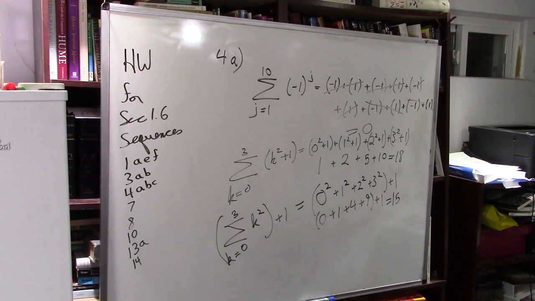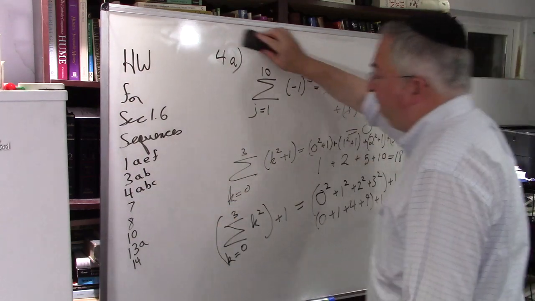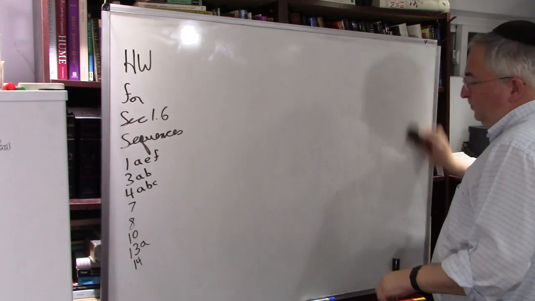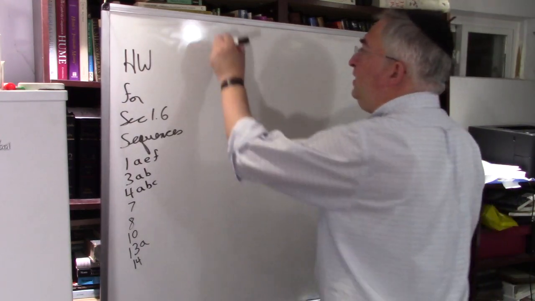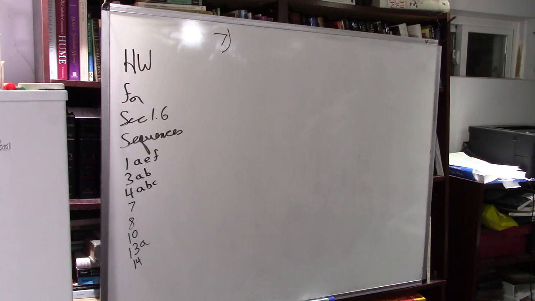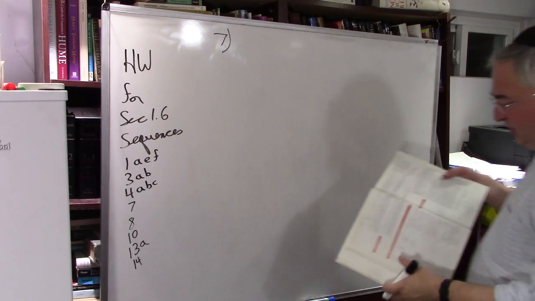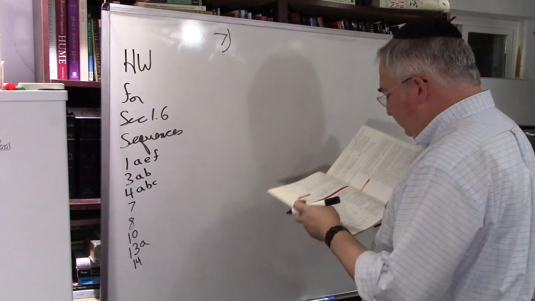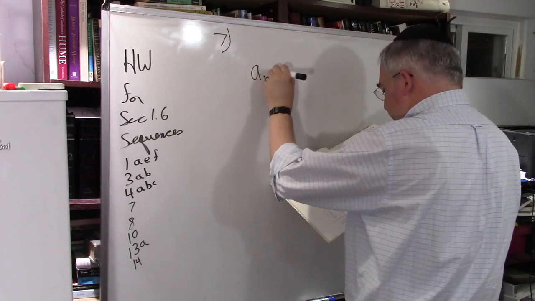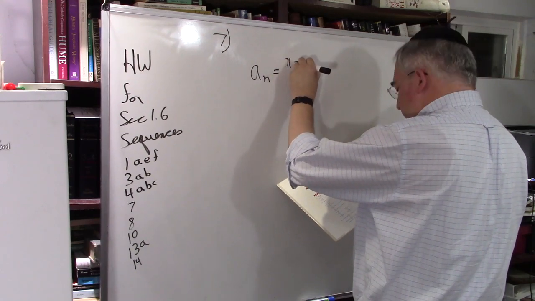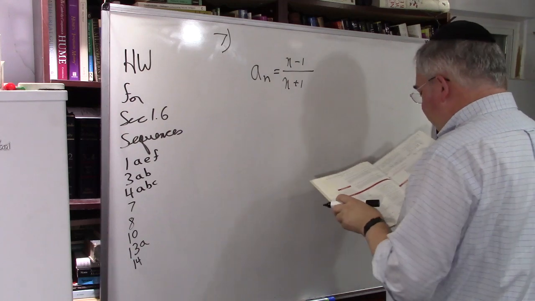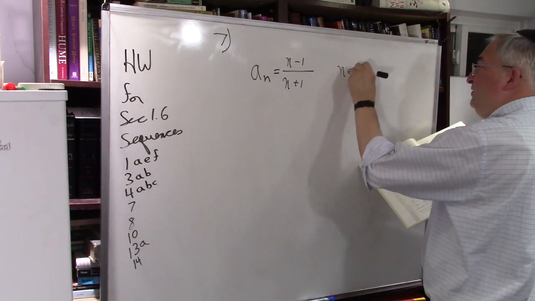Next problem is number 7. Consider the sequence. I actually mentioned in class that we were going to do this, so let's do it. Consider the sequence given by a of n is equal to n minus 1 divided by n plus 1, for n a member of the positive integers, not 0.